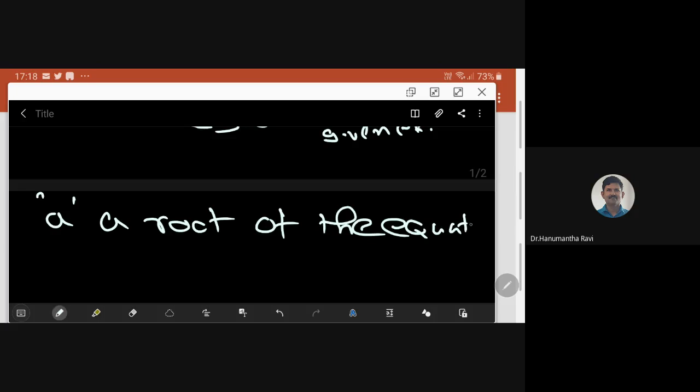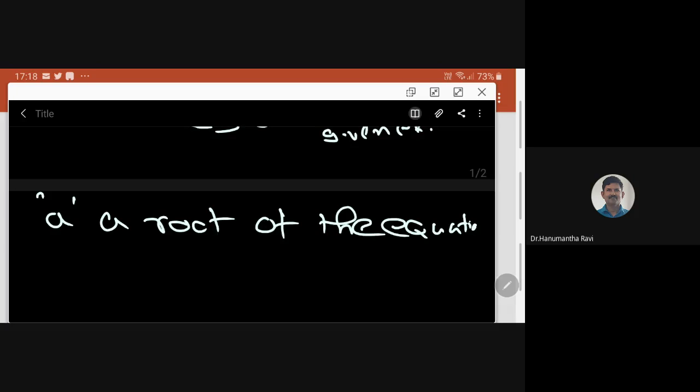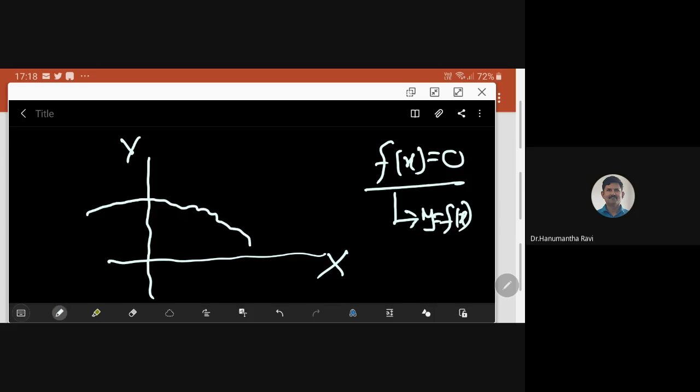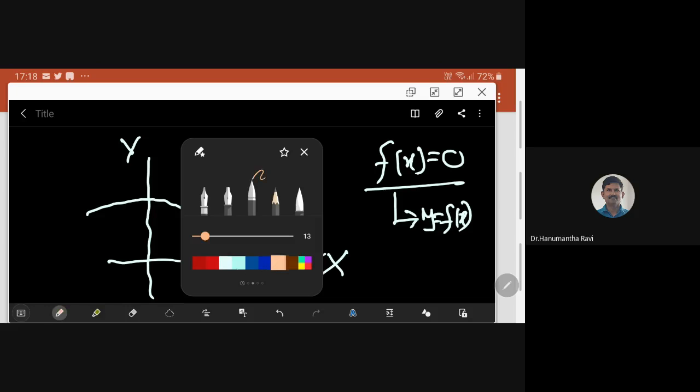What is the geometric meaning of that? If you draw the graph of y is equal to f of x, remember we are looking for solutions to f of x is equal to 0. So you have the x-axis and y-axis, and the graph of f of x may look like this, or it may appear like this also.